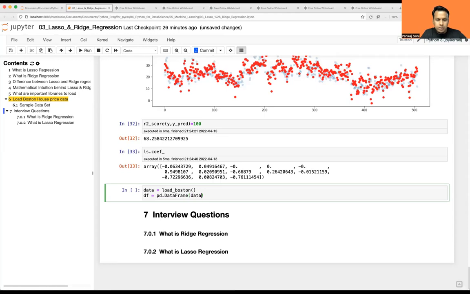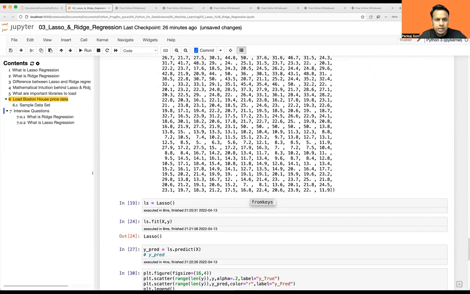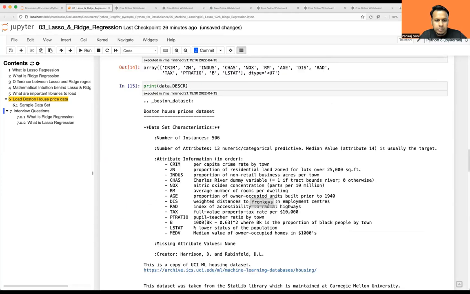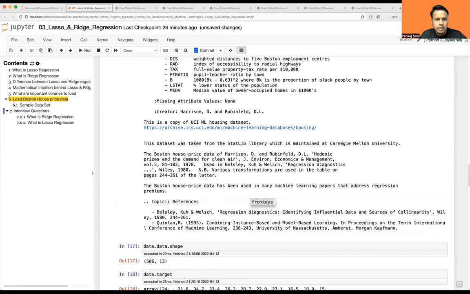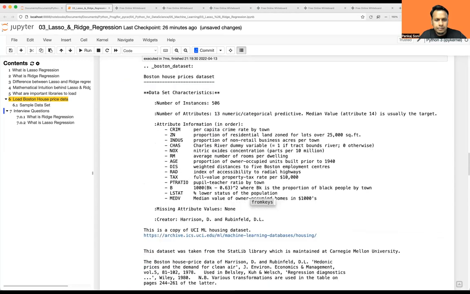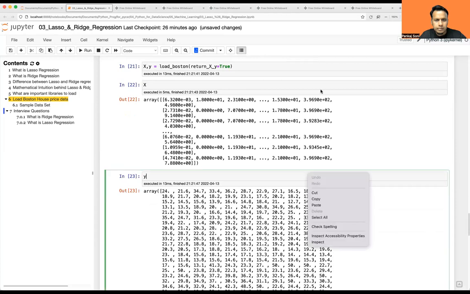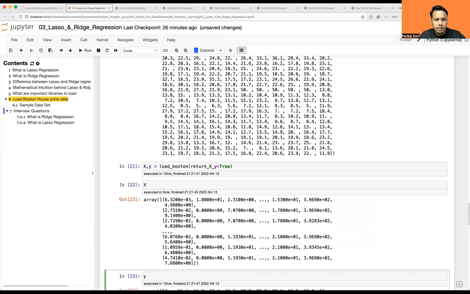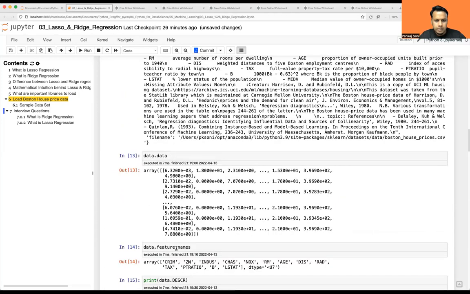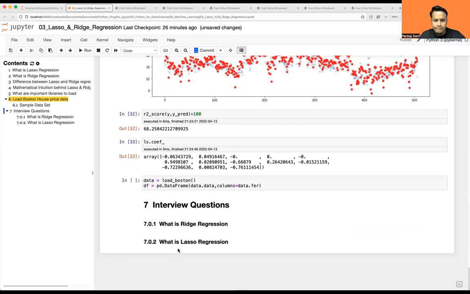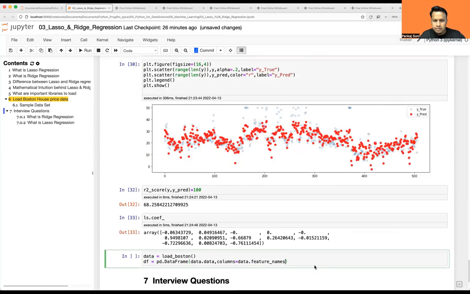So data equal to data.data, then columns are nothing but data.feature_names. What is my feature name here? I can get it from here. Yeah, this is the one I was looking for. So I'll use this as the feature names.